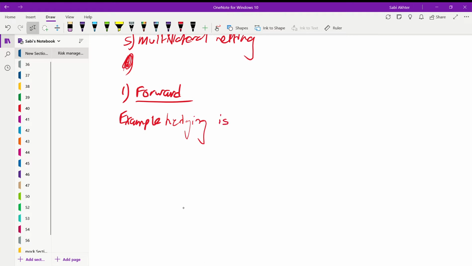So hedging is for 3 months. It could be a payment, it could be a receipt. And by the way, one thing very important, know whether it's a payment or a receipt, because the effect is opposite. The rate which you are going to take for payment will be the opposite of the rate for a receipt, if it's a foreign payment or receipt.